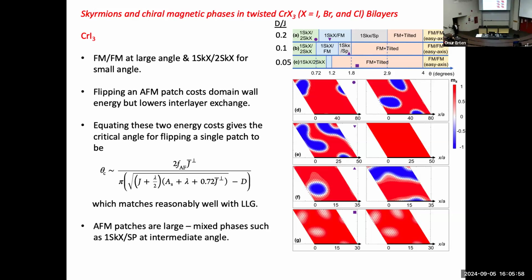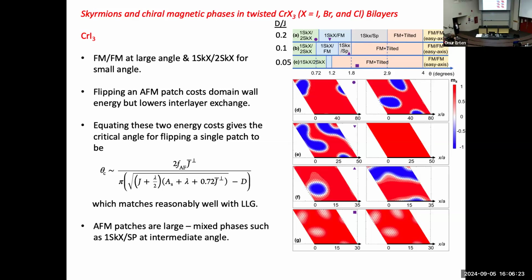And you can see that in the intermediate region, when these antiferromagnetic domains start to get close, they can now overlap. One phase we have is 1 skyrmion on one layer and a ferromagnet on the other layer, or 1 skyrmion on one layer and a spiral on the other layer. And this one is a slightly tilted ferromagnet.